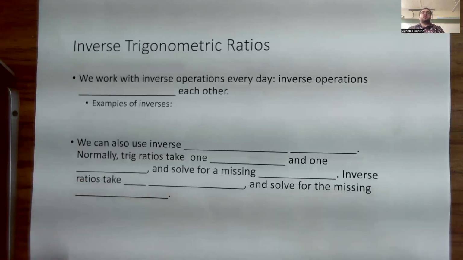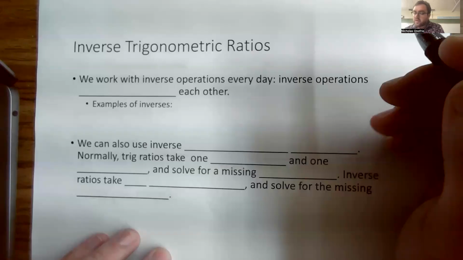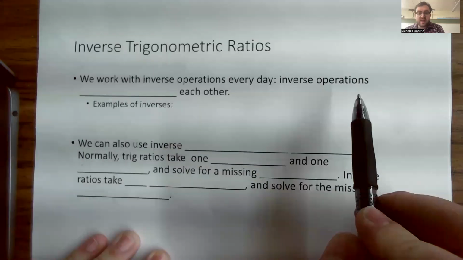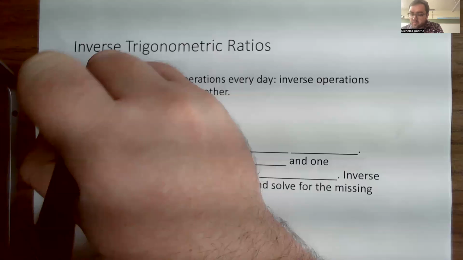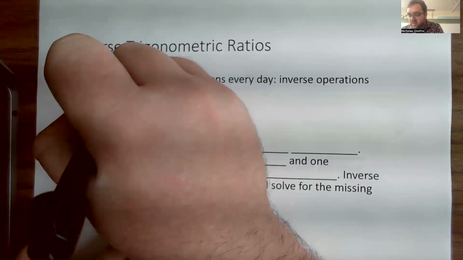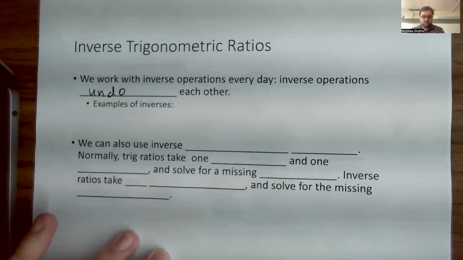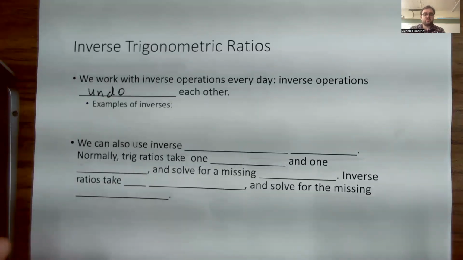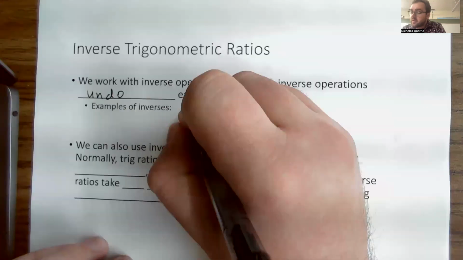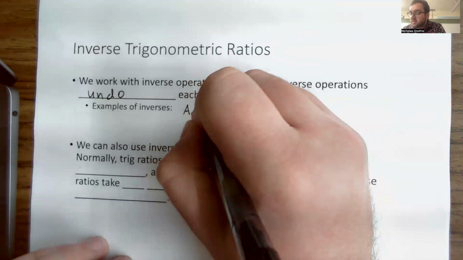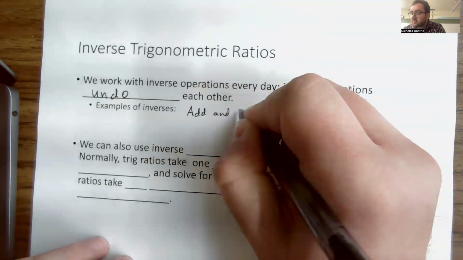Before we really dive in, I just want to give you a quick reminder of what it means for something to be an inverse. We work with inverse operations every day. Inverse operations are operations that undo each other. Some very common examples are addition and subtraction.